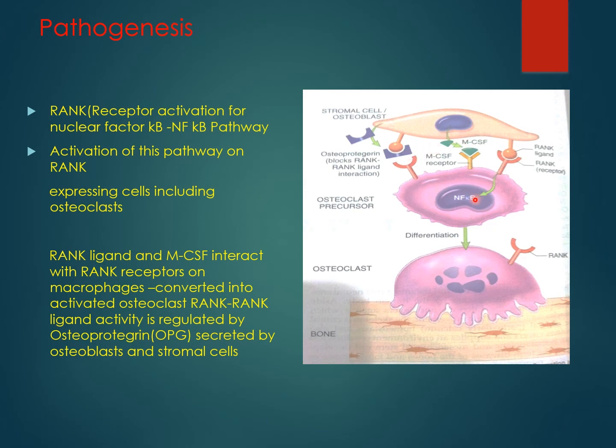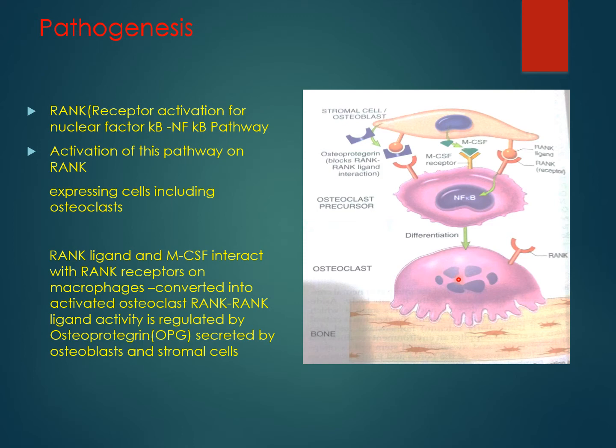On the precursors of osteoclast, there is NF-κB pathway, which is triggered whenever this RANK interaction takes place. And then there is a differentiation of this immature or precursors osteoclast into highly active bone crunching osteoclast, which can practically mobilize calcium and phosphorus from the bones.